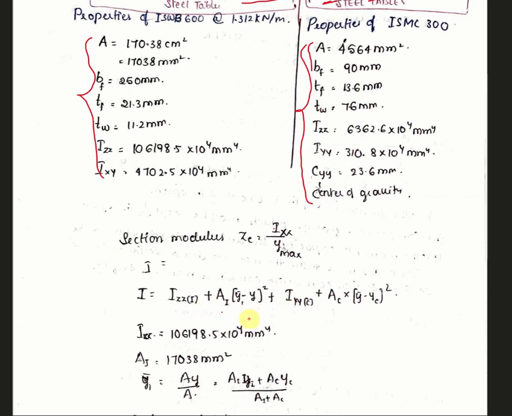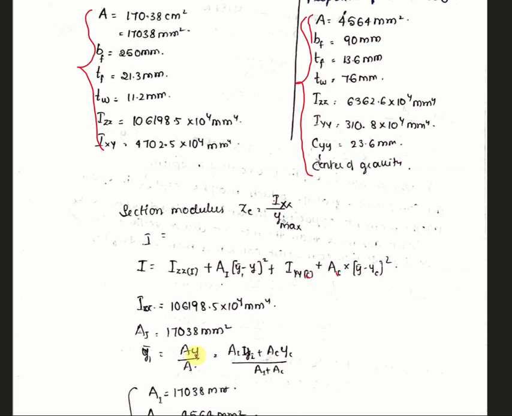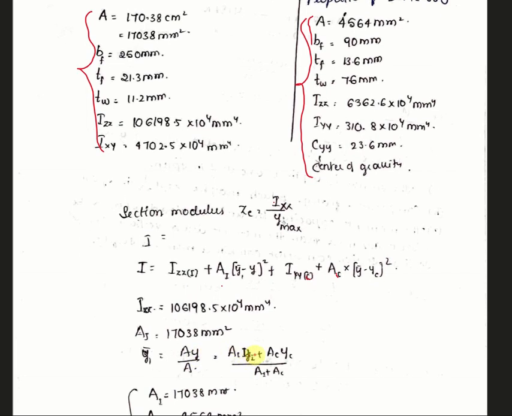After writing this, we have to know what all the parameters are here. Ixx, from this we got it. Area, we can directly get it. AI I have mentioned because this is for the I section, and plus we have added this for the channel section, for which I have mentioned C. AI is the area of this I section, 17038. So total area: area of I section plus area of channel section, plus centroid of channel section.